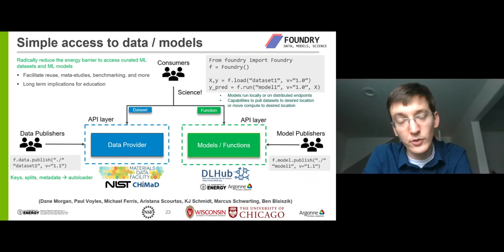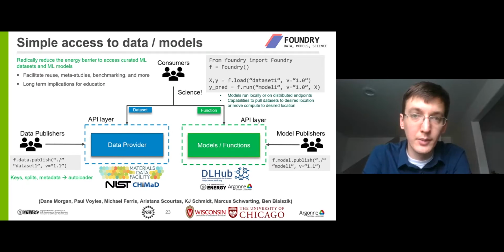We've coupled this with the tool we've been building at Argonne that provides a similar kind of capability for computational tools, where I could say publish a machine learning model that can then be run remotely through the cloud without that user having to install any of the required software packages. Putting them together in Foundry, we create the ability to say pull down data and run a machine learning model on it, all through a very simple interface.